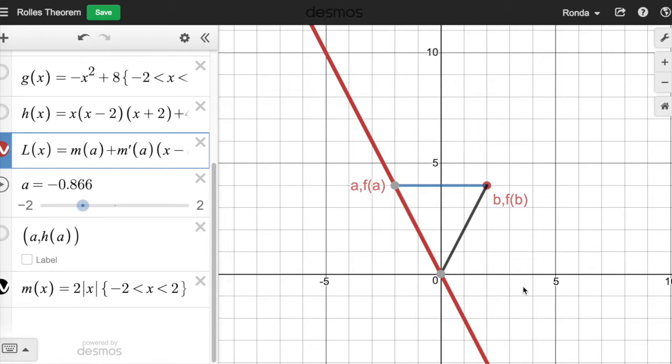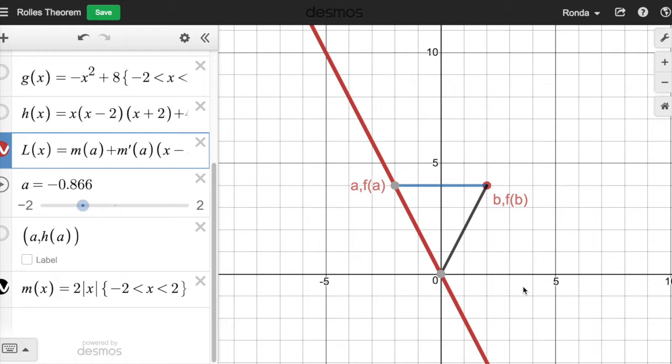Sometimes I can have a place that isn't differentiable, but maybe I can still find a place in between A and B where it is going to be horizontal, but not in this particular case. So for Rolle's theorem to apply, it has to be differentiable between A and B, not necessarily at A and B, but differentiable everywhere in between.